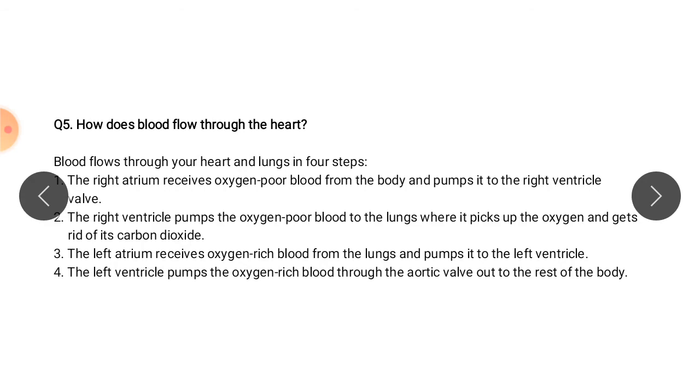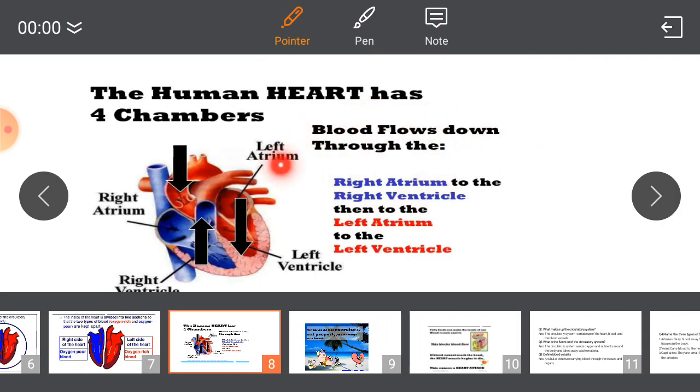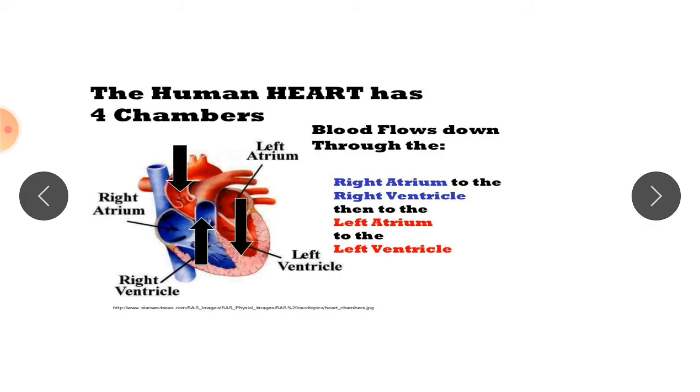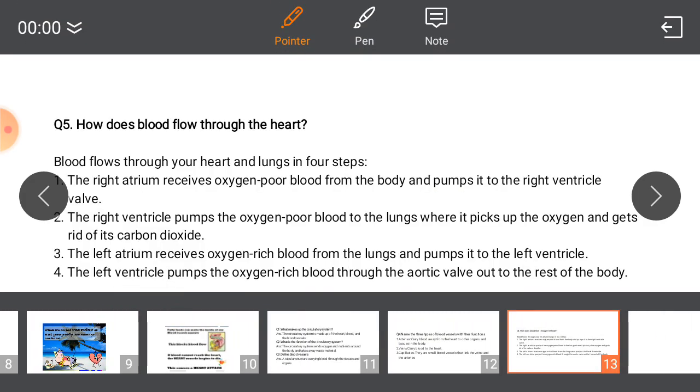How does blood flow through the heart? Blood flows through your heart and lungs in 4 steps, as I have explained in this diagram. So let's see how you can answer it. Number 1, the right atrium receives oxygen poor blood from the body and pumps it to the right ventricle.